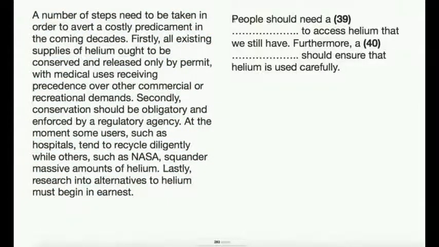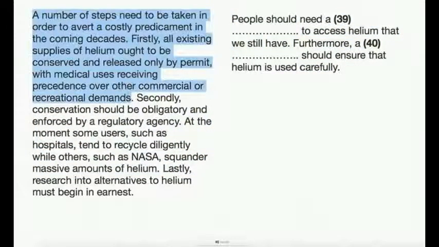The people should need something to access helium, and we still have a number of steps need to be taken in order to avert a costly predicament in the coming decades. Well, that's not connected to this. It says a number of steps. If you look at the steps, firstly, secondly, there are 2 steps. It mentions here this and then furthermore. So it's likely this one is in here and this one is here.